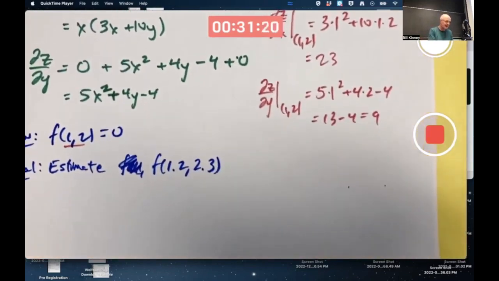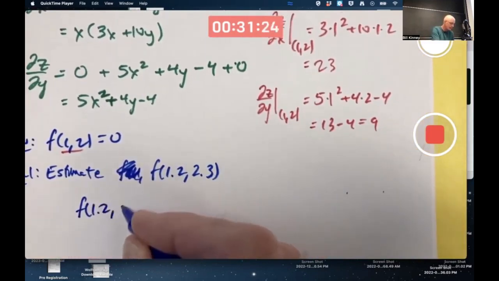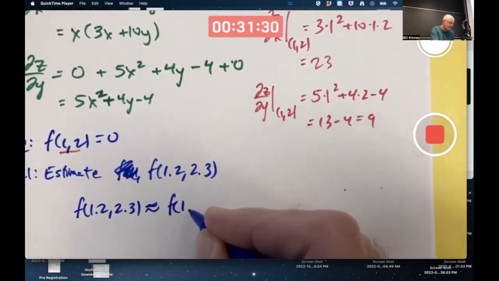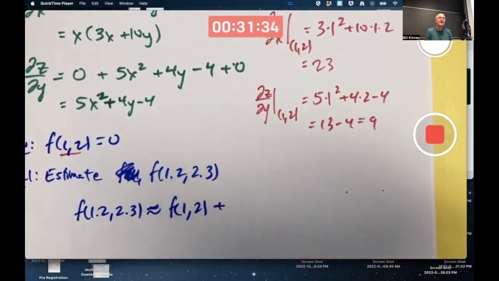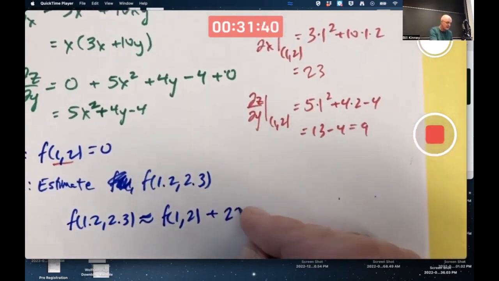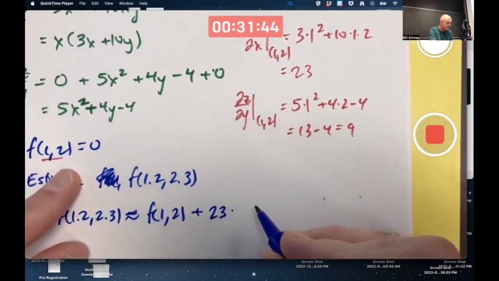To do this estimate now, f of 1.2, 2.3, it's a very similar idea as the one variable case. Take f of 1, 2 and add the approximate changes that come from these linear approximations. The 23 is the rate of change in the x direction. Multiply that by how much x changes.